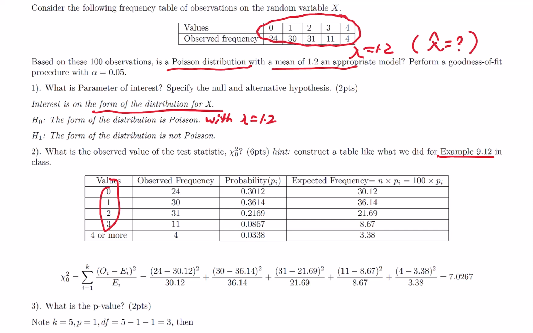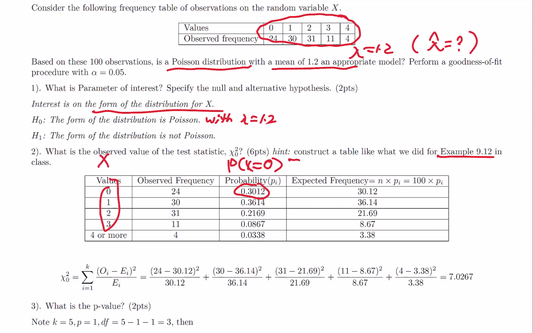So how do we get this probability? Here I can only do one because of time, right? You see here we go probability of x equals 0, okay? Yes, this is the x values.